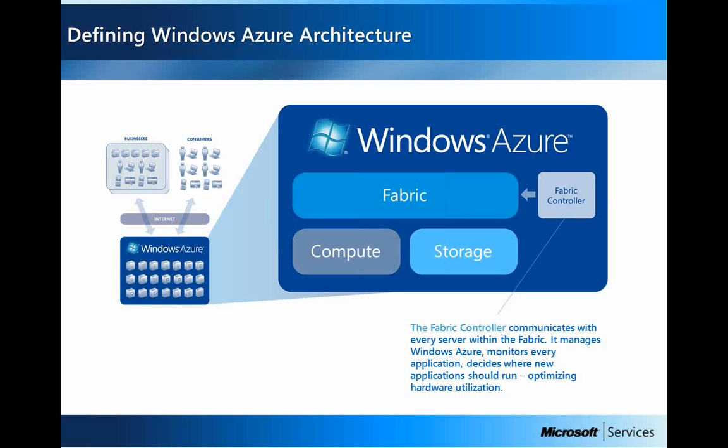And even if the machine a VM is running on dies, then Fabric controller will start a new machine of the web or worker role in a VM on another machine, and then it also resets the load balancer so that it starts pointing to the new address, new machine. So all these intelligent decisions are handled and taken care of by your Fabric controller. It plays a very important role, because most of the time people ask how these things are handled automatically. For this we have this Fabric controller.